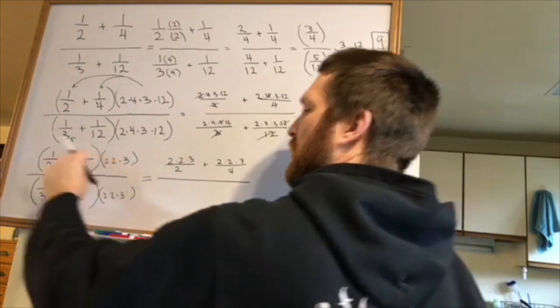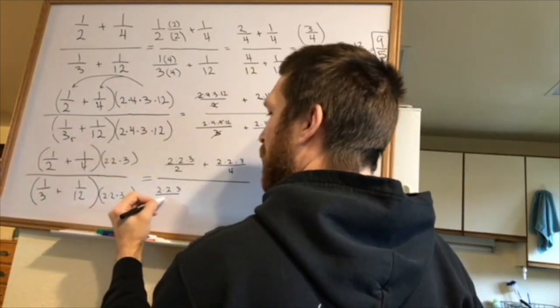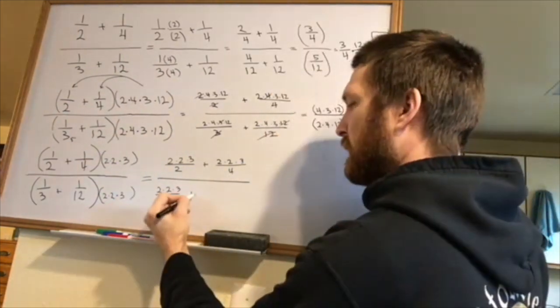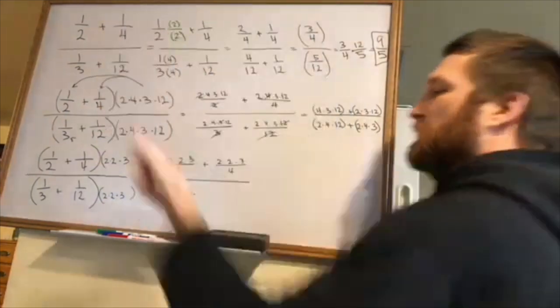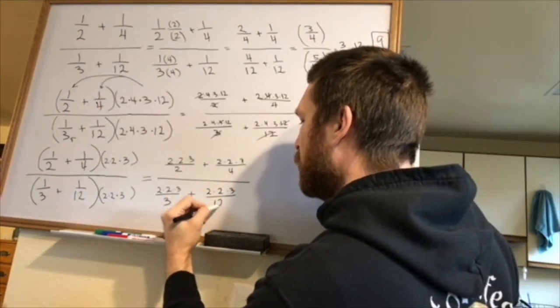This number jumps over to give me 2 times 2 times 3 all over 3. Plus, and then that jumps over to give me 2 times 2 times 3 all over 12.